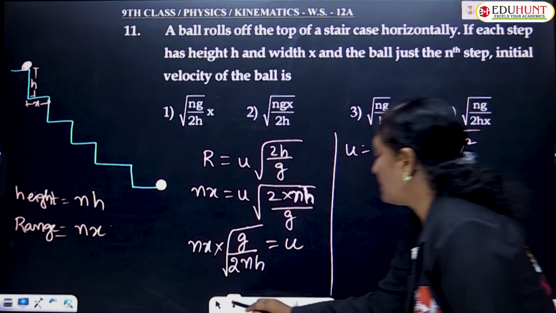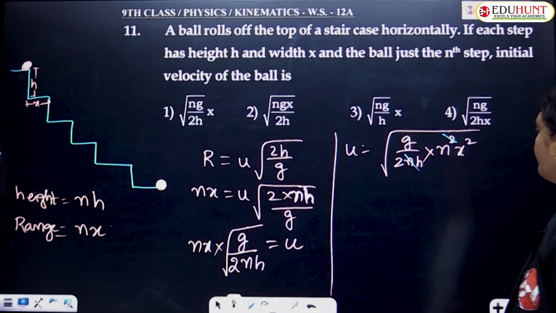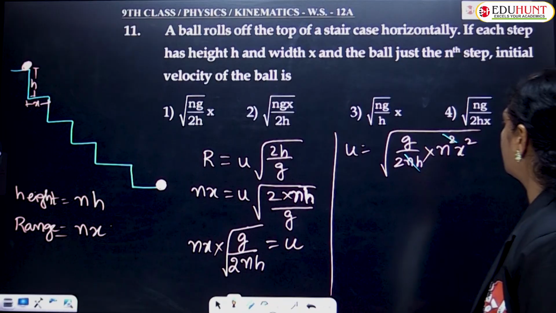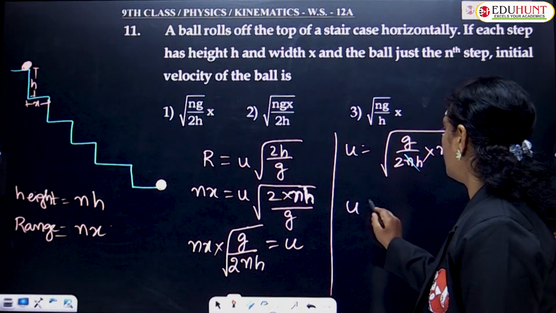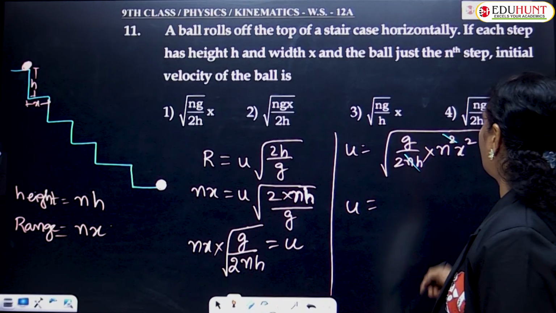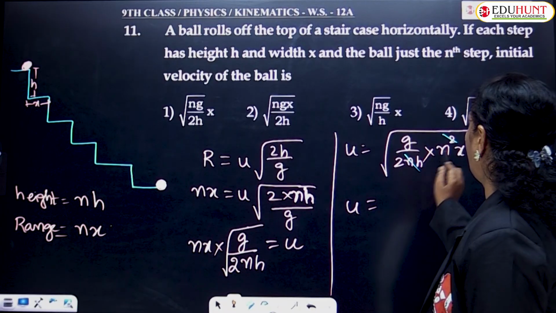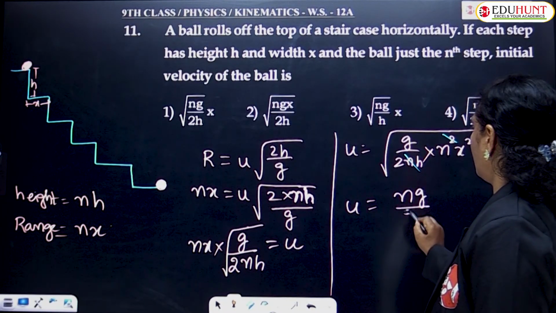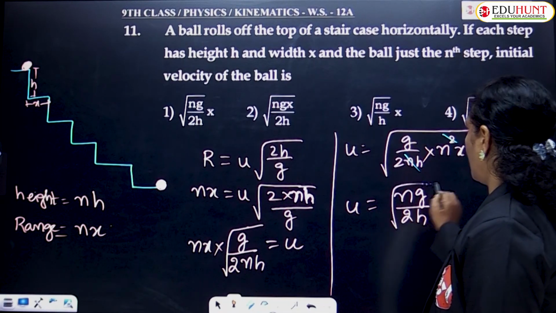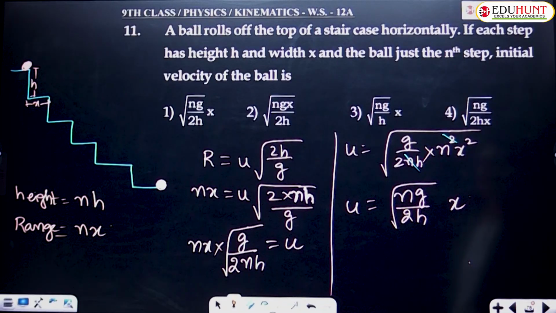Now simplifying, this n square will go one time. That's it. Therefore, the value of u is found to be, in the numerator we have ng, and in the denominator 2h under root, into root over x square, I can replace it with x.